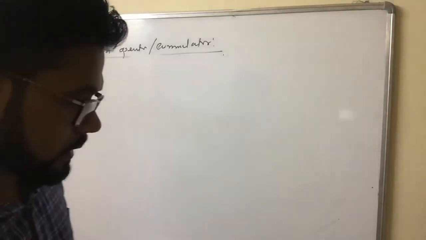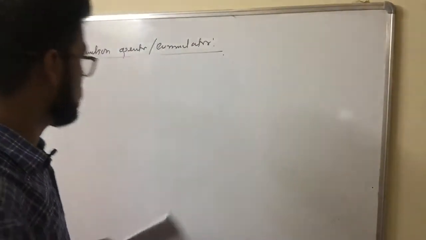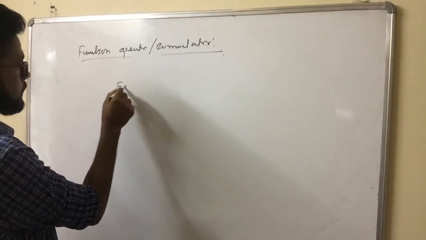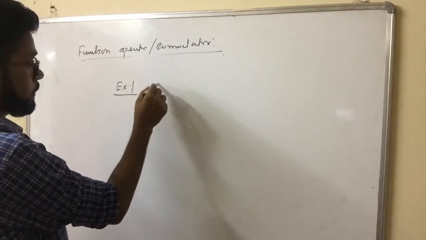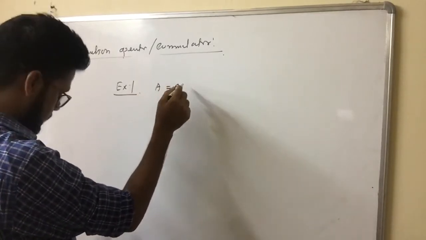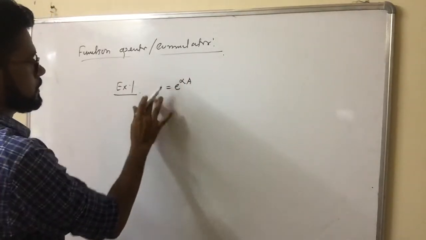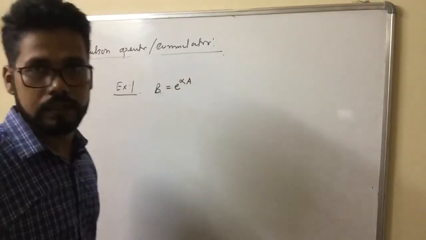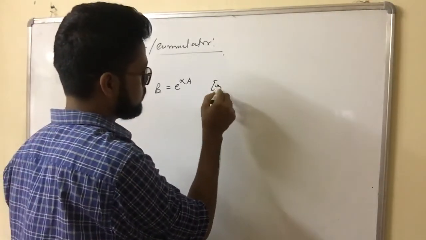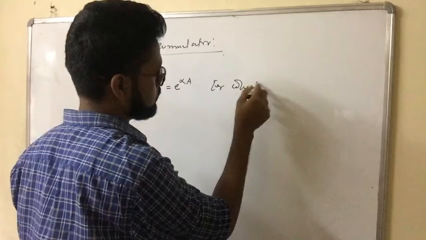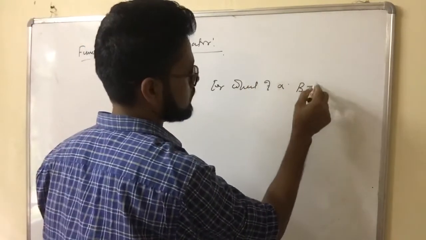Now one question is given; listen carefully. This question comes in the exam. If operator B equals e to the power alpha A, okay, suppose B is this operator, for what value of alpha is this operator B Hermitian?